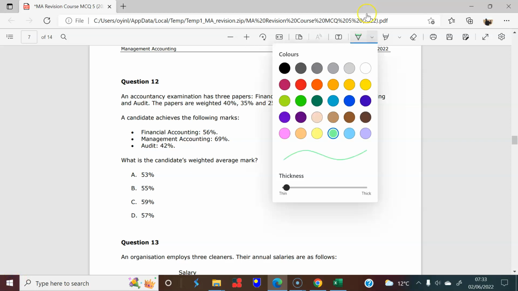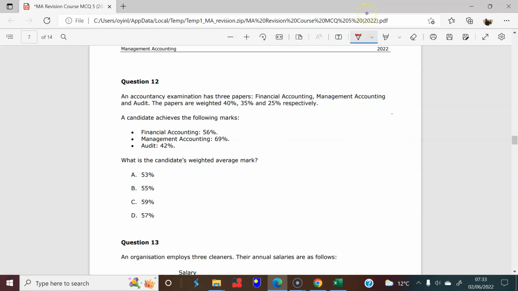We're looking at weighted averages. So what we're saying here is that a paper is weighted. All this makes up 100%, by the way, just in case you were wondering. Yes, this is how the 100% is made up. So the question here is, in a way, we can find what the average is because we're saying, listen, in this one you score 56%.